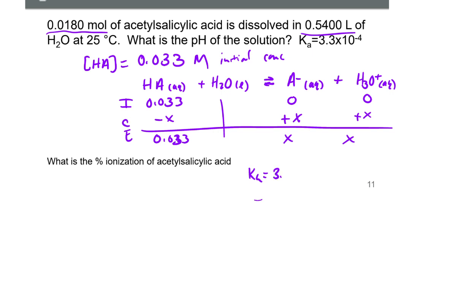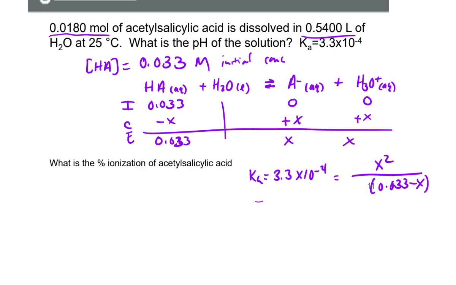Ka is 3.3 times 10 to the minus 4. So we'll have x squared over 0.033 minus x. We can check whether we can get rid of this x relative to the 0.033. So we can check that our assumption will work, and it won't.